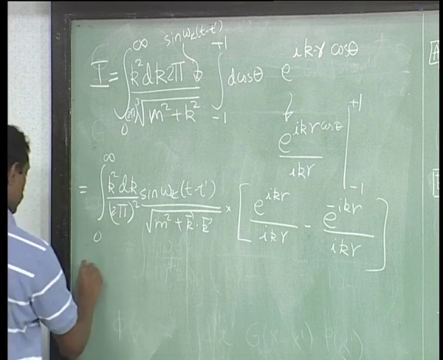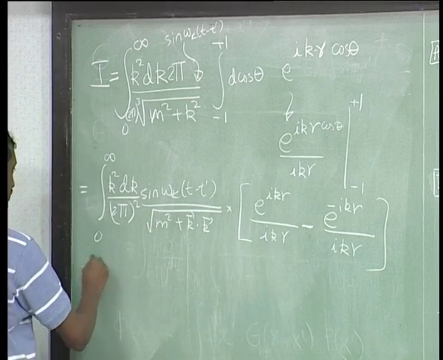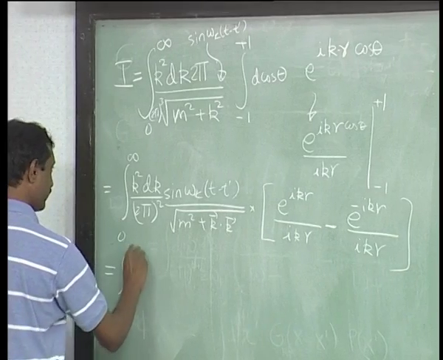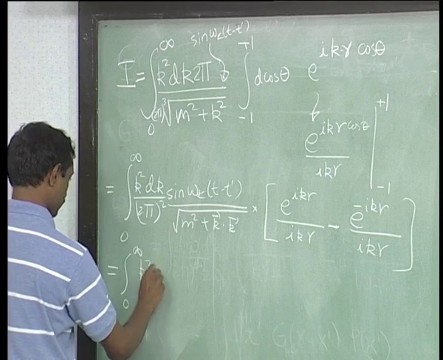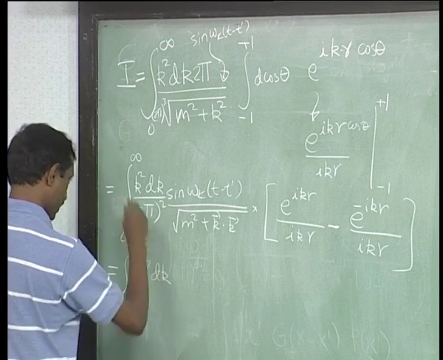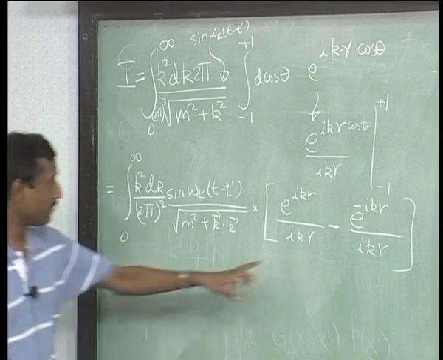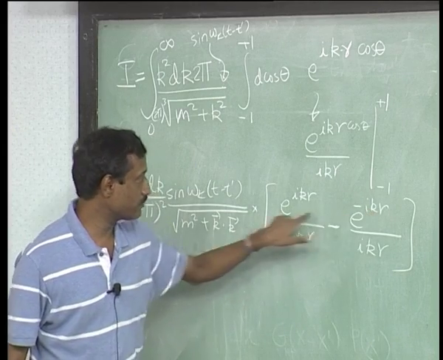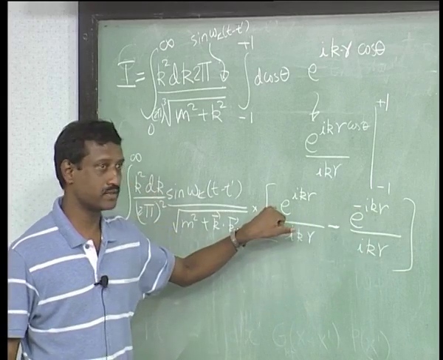So, let me write this out as two terms. Let me just say it in words. If I take k to minus k out here, this becomes e power plus i k r, which is similar to this.